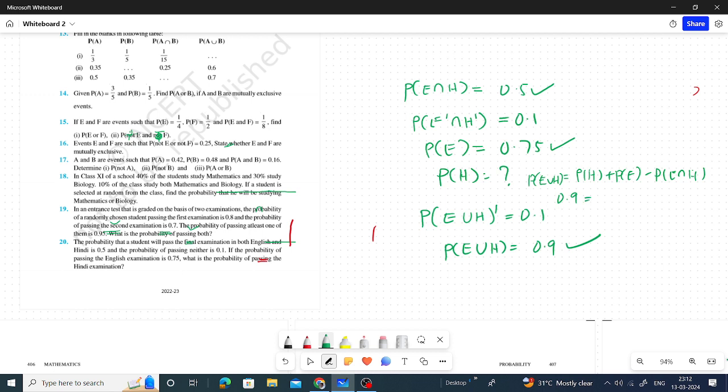Probability of H, which we don't know, equals 0.9 minus (0.75 minus 0.5). 0.75 minus 0.5 is equal to 0.25, and P of H is 0.9 minus 0.25. You just calculate. So you will be getting 0.65 as the answer.